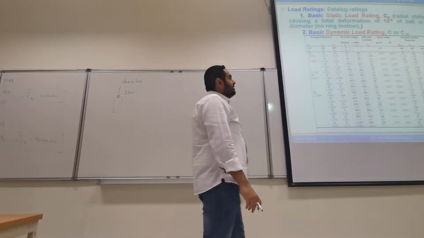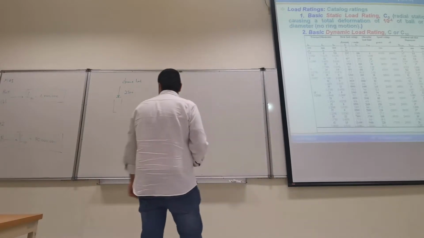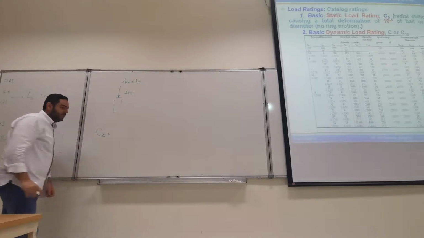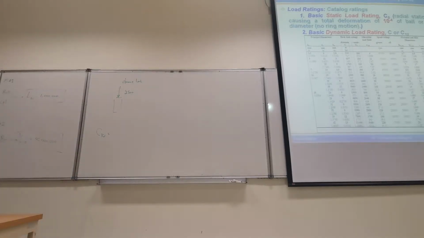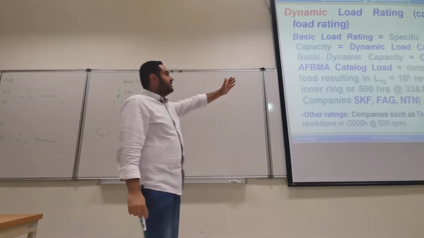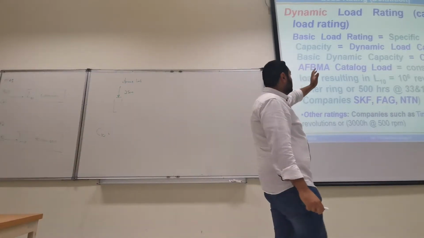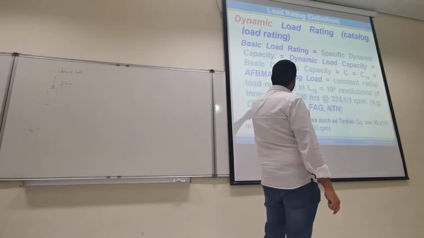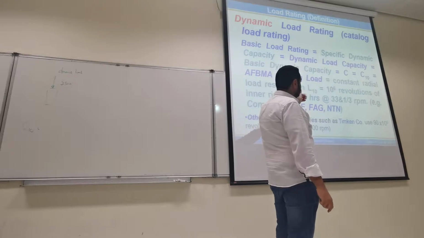So what is the basic dynamic load rating? Also, we give it the symbol C10. So the dynamic load rating is also known by different names: basic load rating, specific dynamic capacity, dynamic load capacity, basic dynamic capacity, catalog rating or loads.